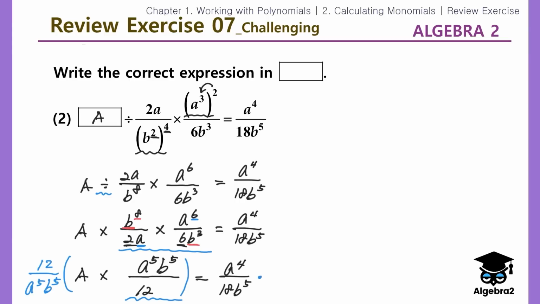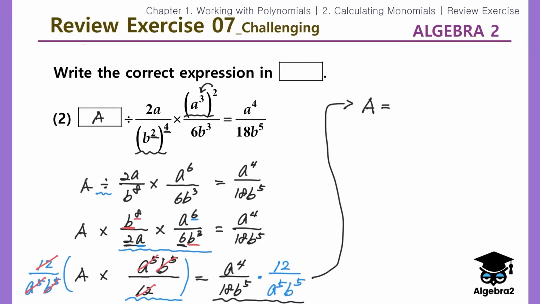Also, I'm going to have to multiply here by 12 over the same expression, a5b5, right? Then 12 cancels out, a5 b5 cancels out. So what I have here is the expression a is equal to the product of these two.